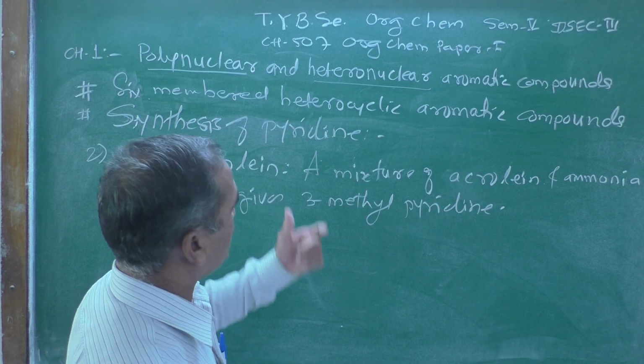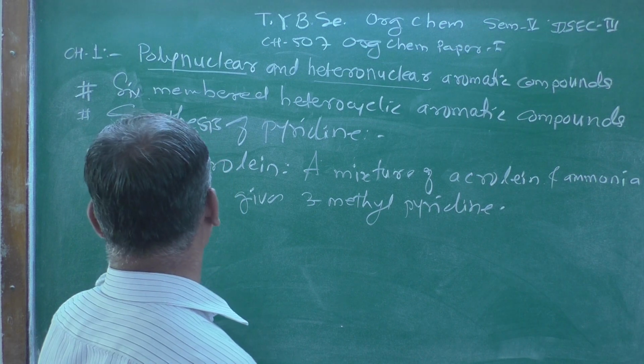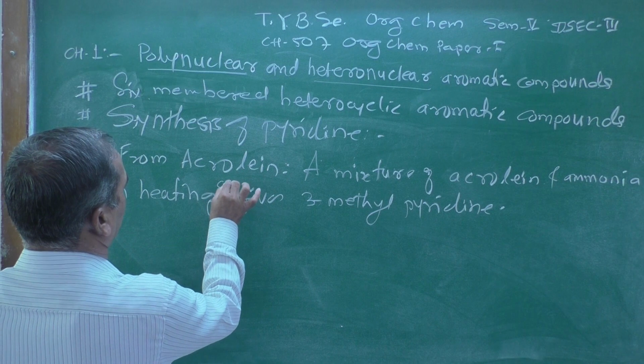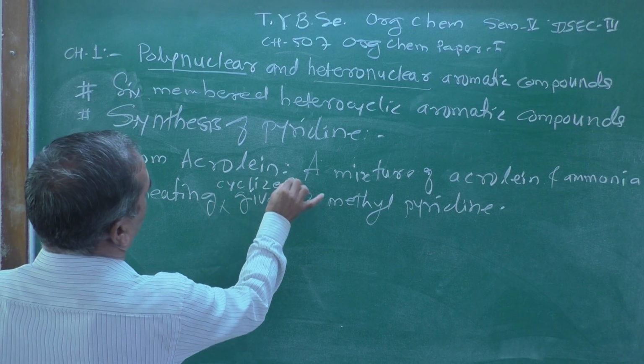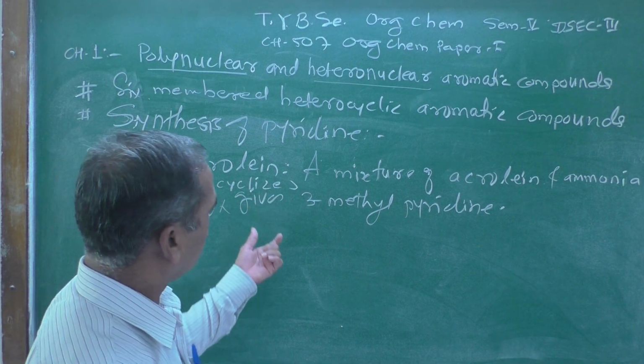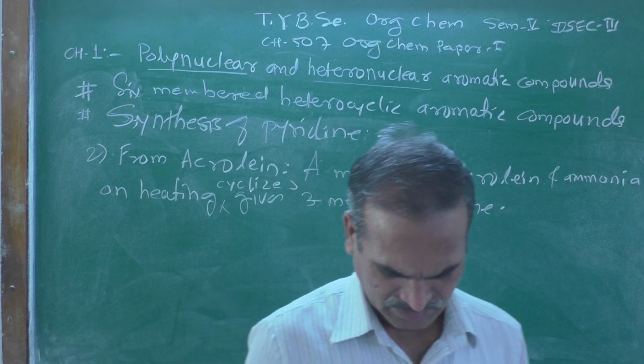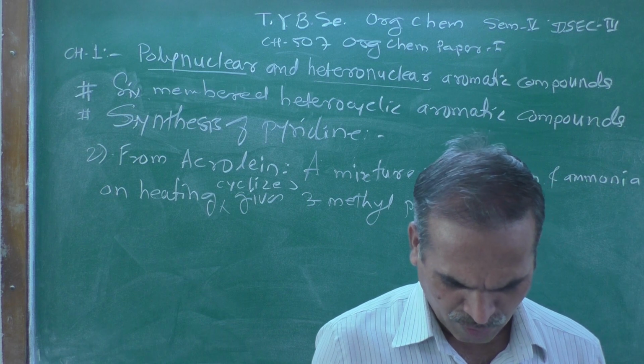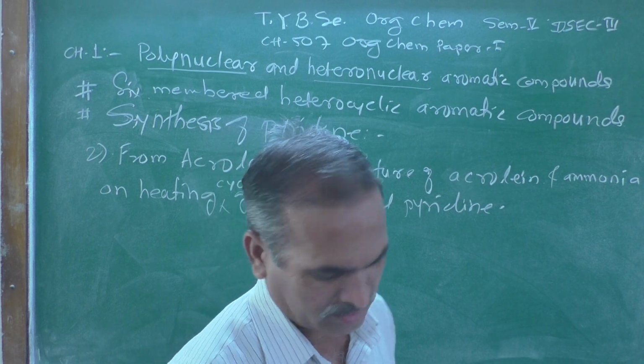So a mixture of acrolein and ammonia on heating cyclizes to form 3-methyl pyridine.